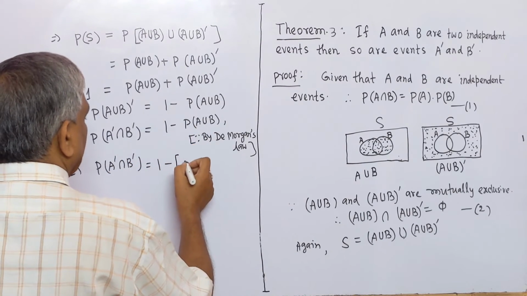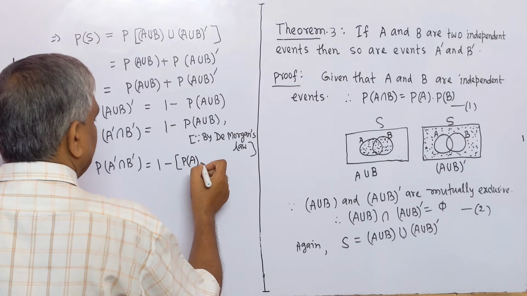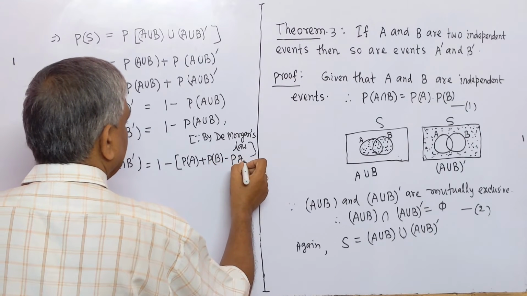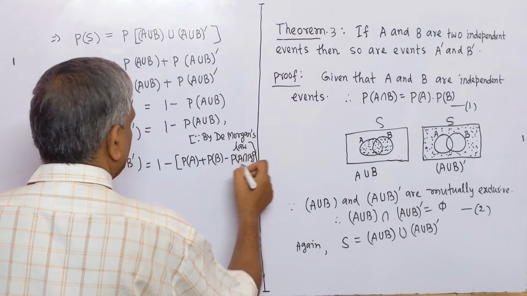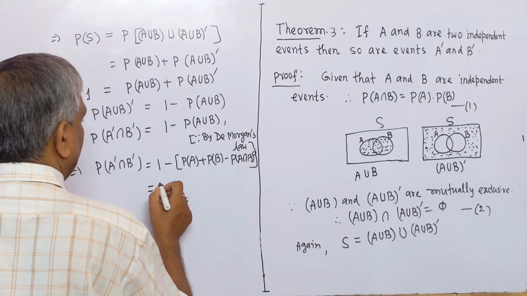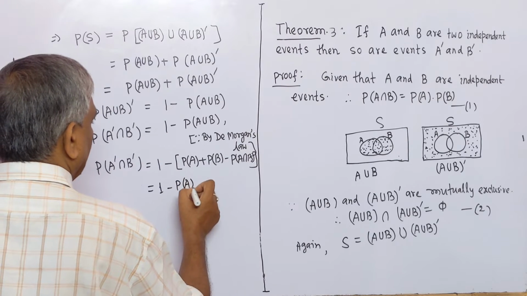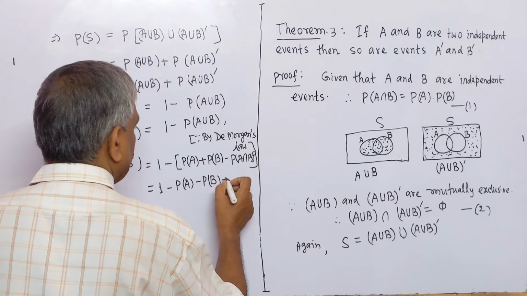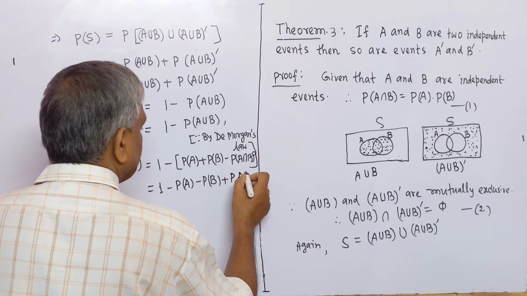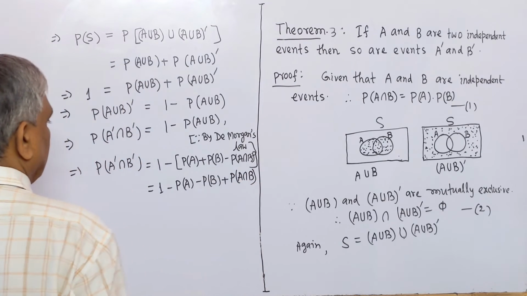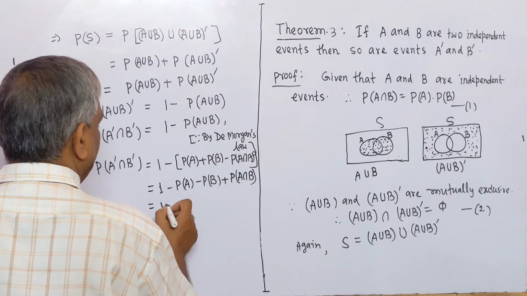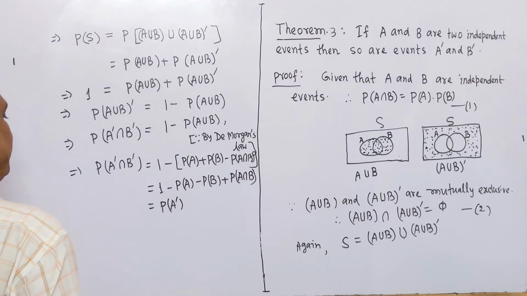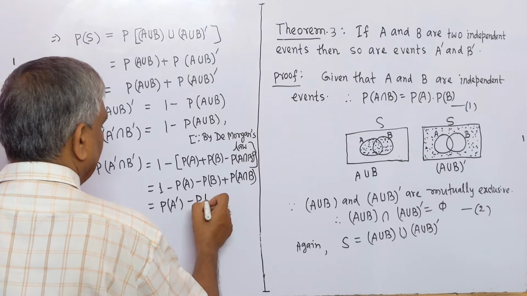This means, by total probability, P of A union B is PA plus PB minus P of A intersect B, and this will be equal to 1 minus PA minus PB plus P of A intersect B. This equal to 1 minus PA, that means the probability of complement of A, minus PB.